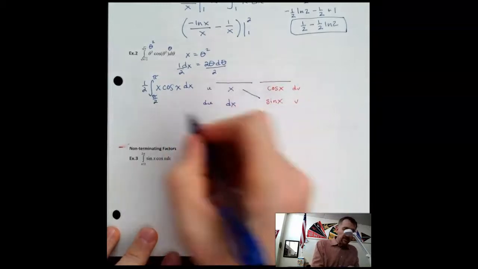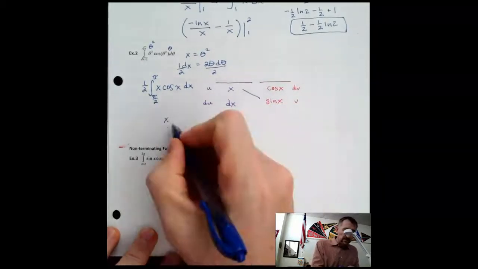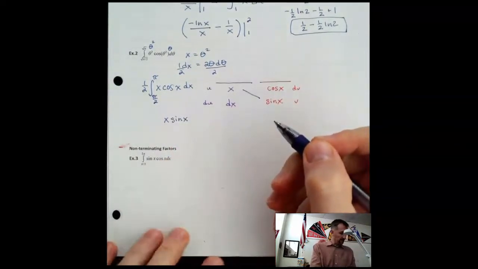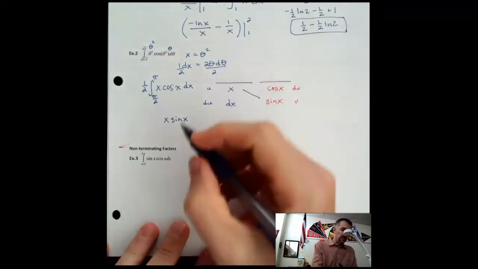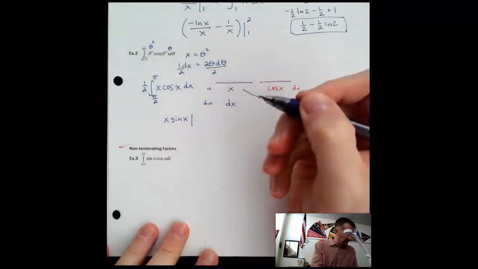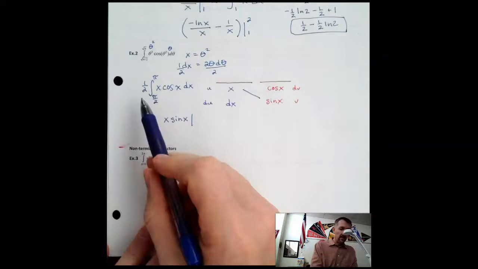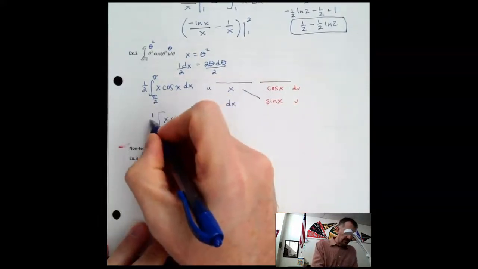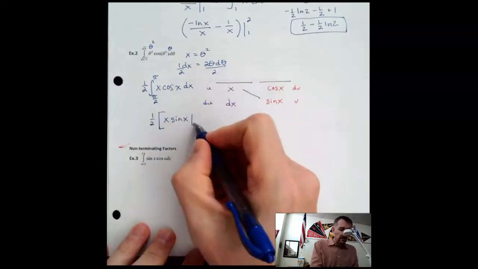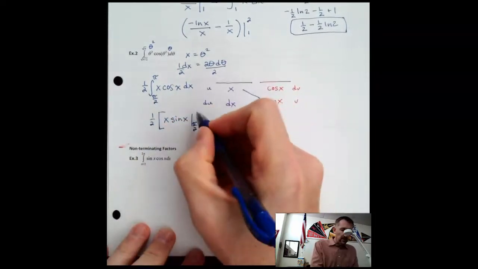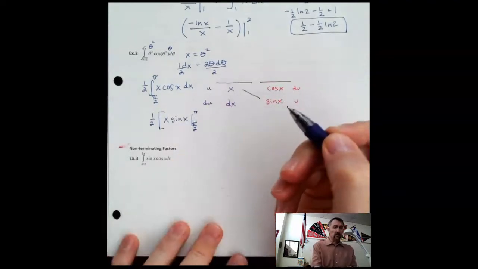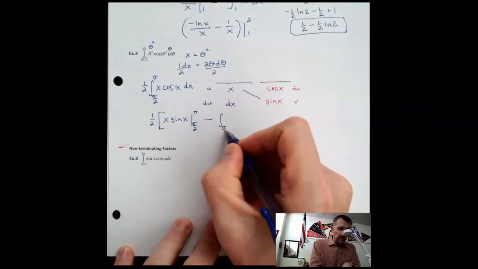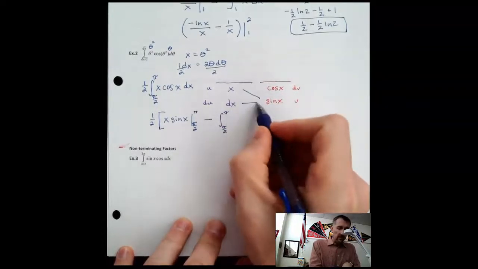So that's our uv. So that's going to be x sine x. And technically we would have the, oh, don't forget the 1/2 up there. So actually let's just leave the 1/2 on the outside of the whole thing. And this was pi over 2 and pi. Alright, and then we have minus the integral, and then we have this part.